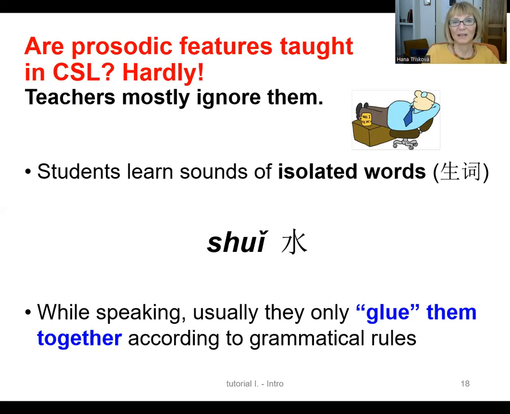Teachers mostly ignore them, as well as the textbooks. Usually students learn only isolated words, or rather the sounds of isolated words such as shui. And when they speak, they usually glue them together according to grammatical rules and do not really change their shapes.